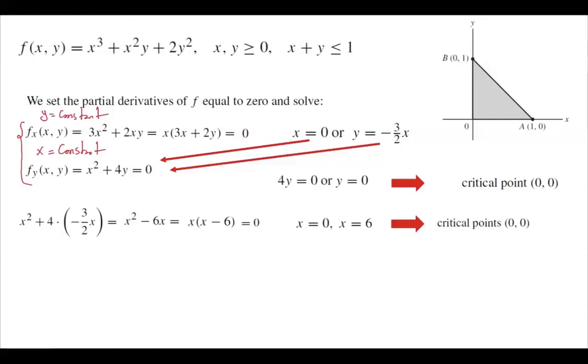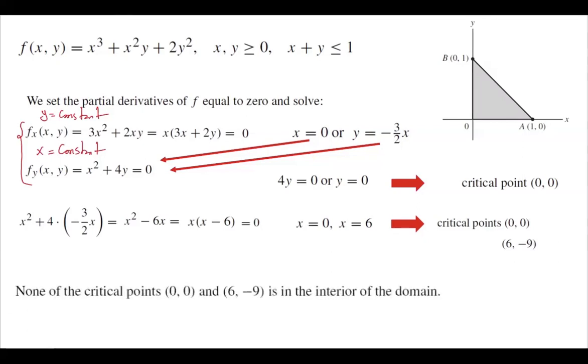The second solution is x equal to 6, and it gives us 6 and negative 9. So far we found 2 critical points, and then we move on to the boundary points. The critical points 0 and 0, 6 and negative 9, they are interior, and they are inside the domain.